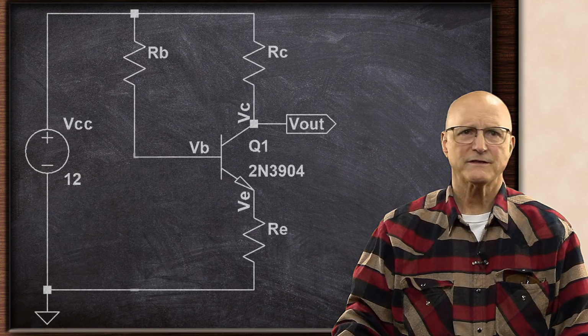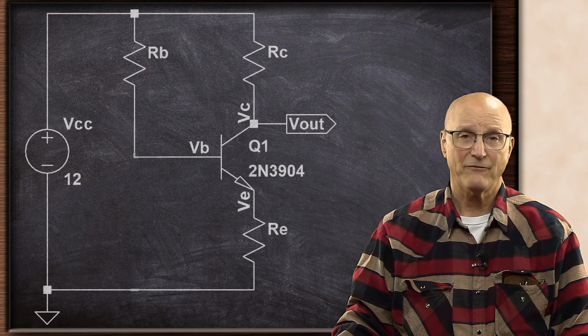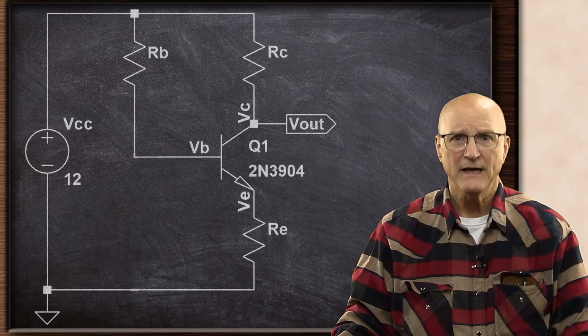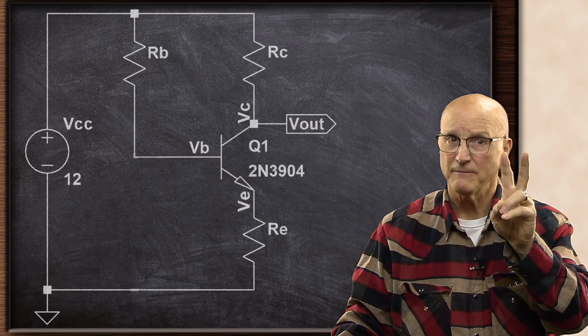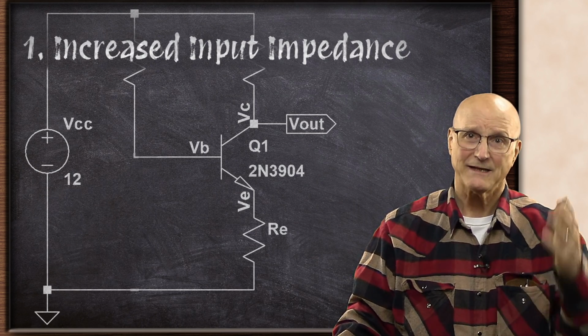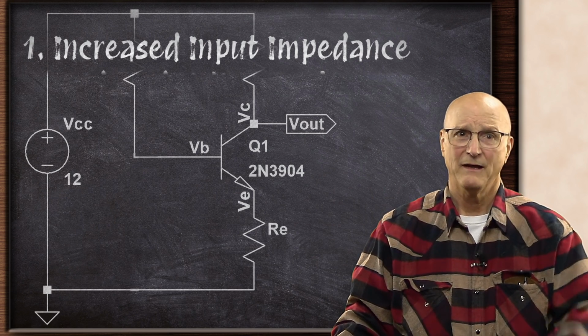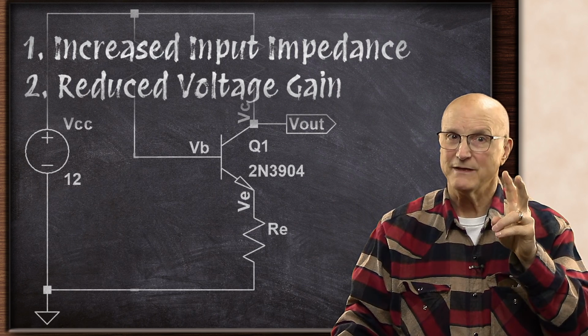We will call this RE. Now, if this emitter resistor is left without a bypass capacitor, it has two significant effects on the performance of the circuit. First, the input impedance increases, and that seems like a good thing. But second, the voltage gain decreases.